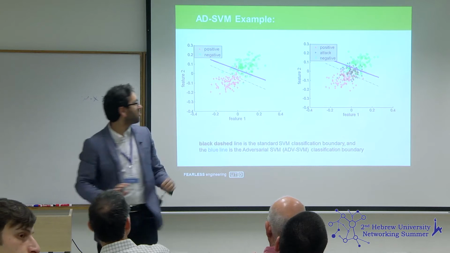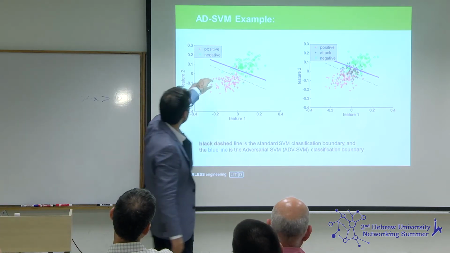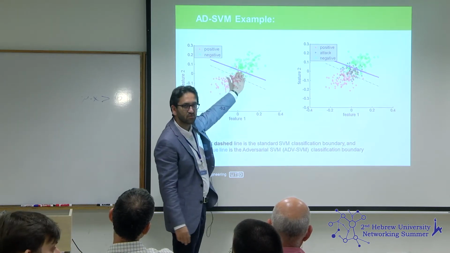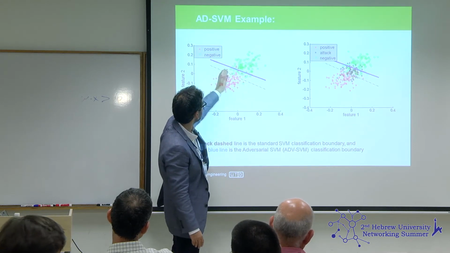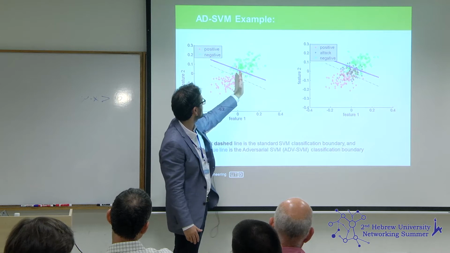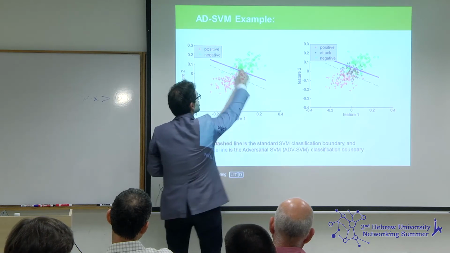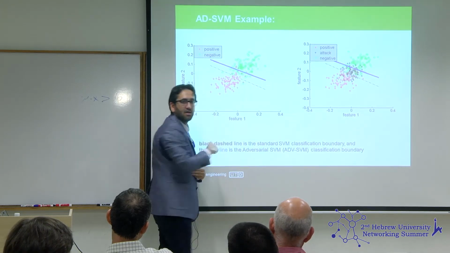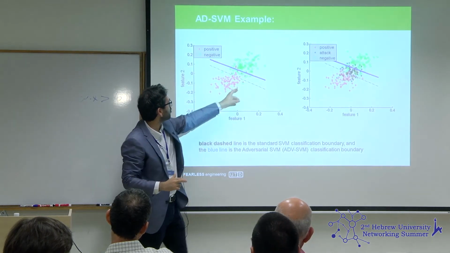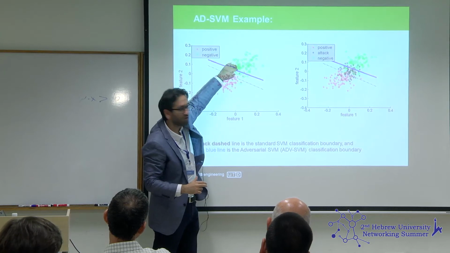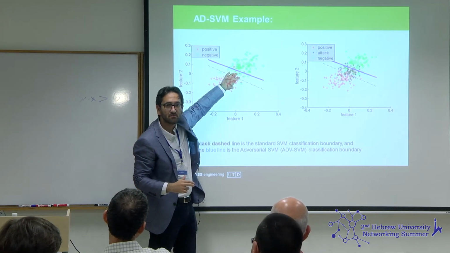So in this example, the blue line was the more robust version. It was going farther away from the bad points, closer to the good points. So what happens is that if you choose the line here to be more robust, in the regular deployment you would be misclassifying many of these green points as bad points.